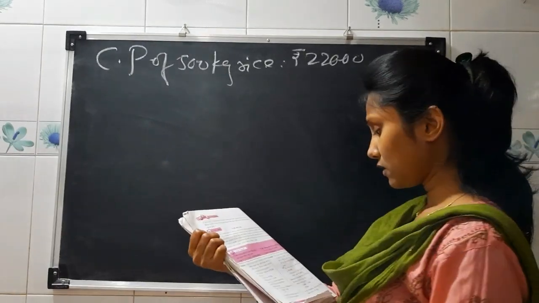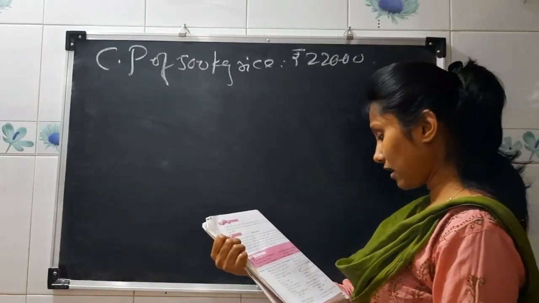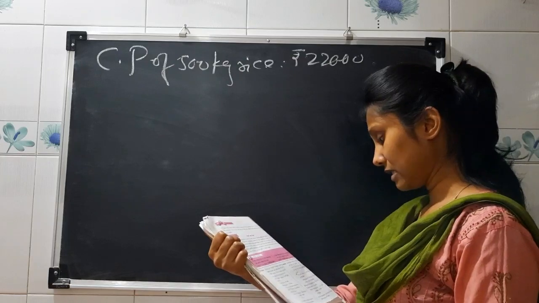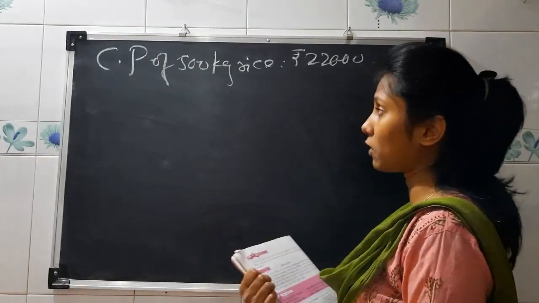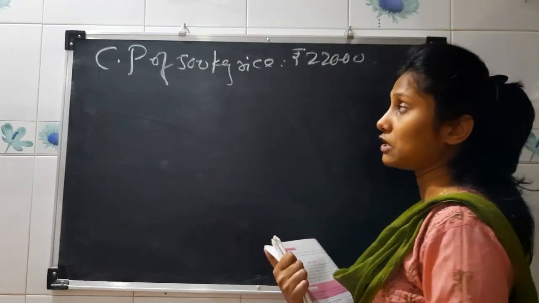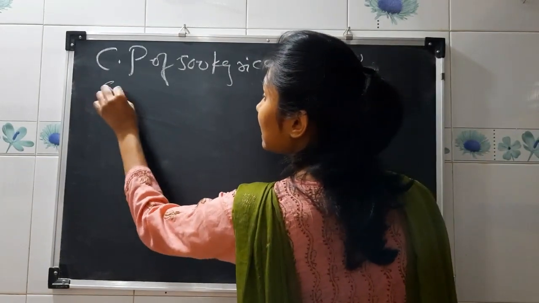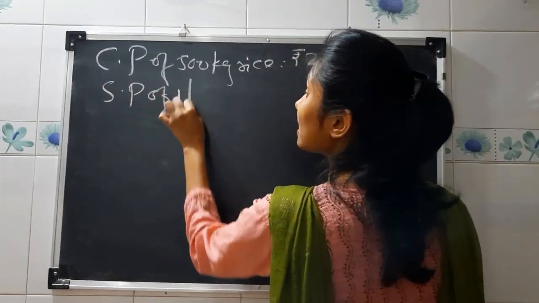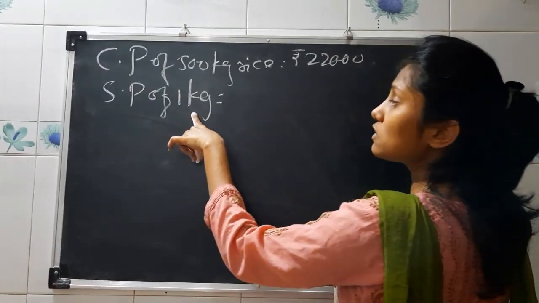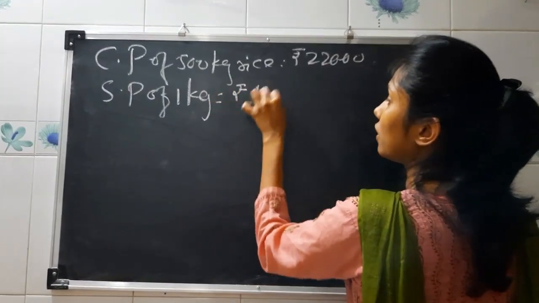And he sold all the 500 kg of rice at the rate of rupees 48 per kg. 48 per kg means the selling price of 1 kg is rupees 48.